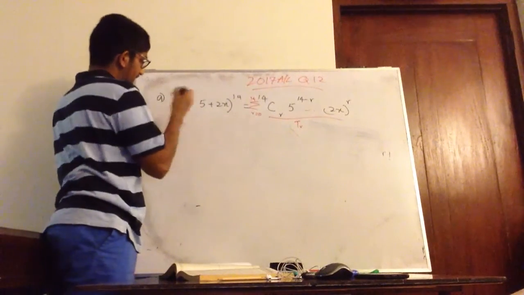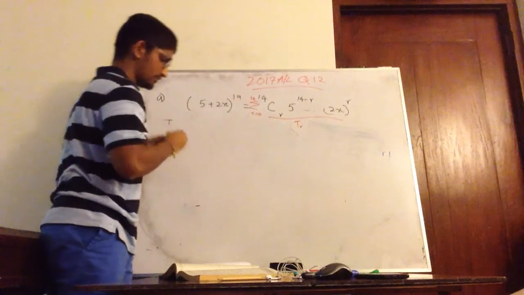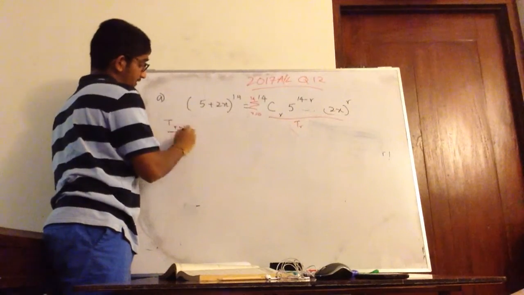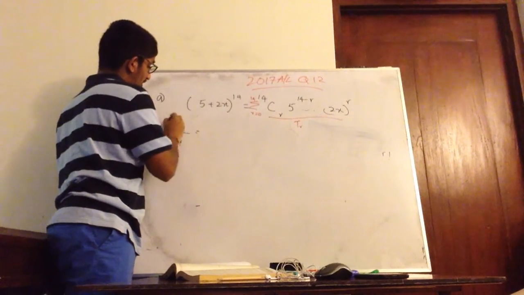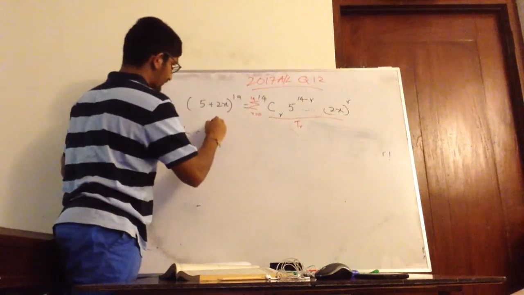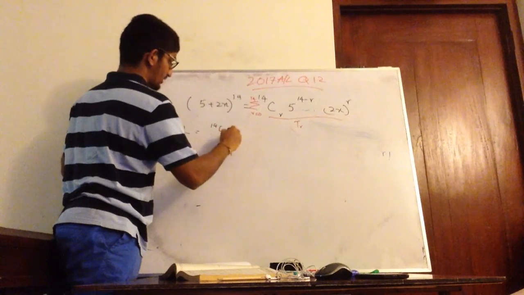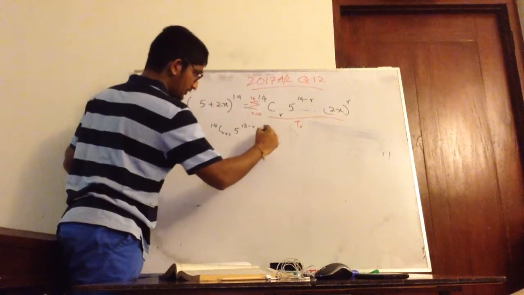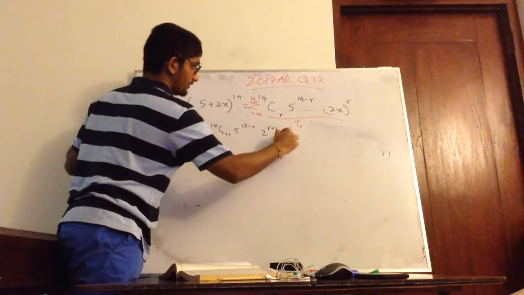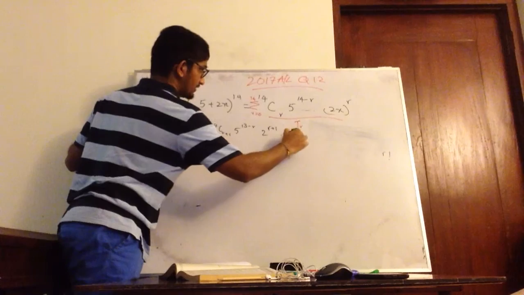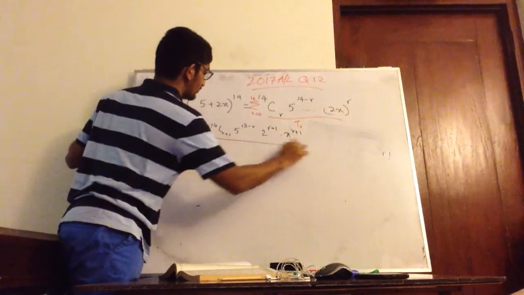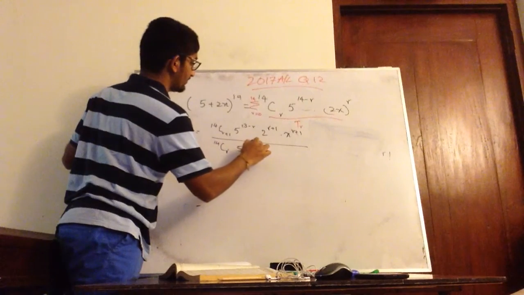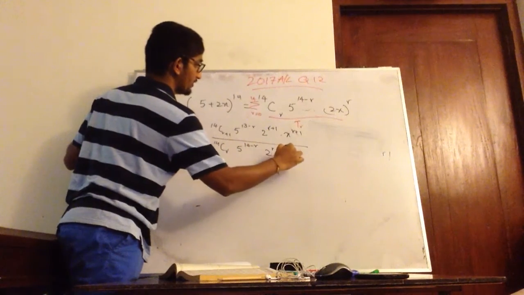So now let's take r plus 1 here. I get 14 C (r+1), 5^(13 minus r), 2^(r+1), x^(r+1) over 14 C r, 5^(14 minus r), 2^r, x^r.